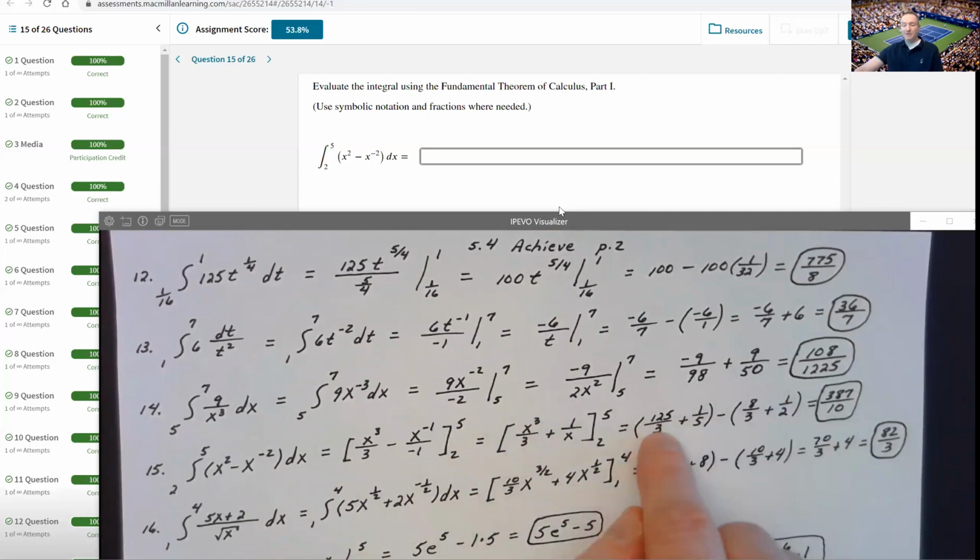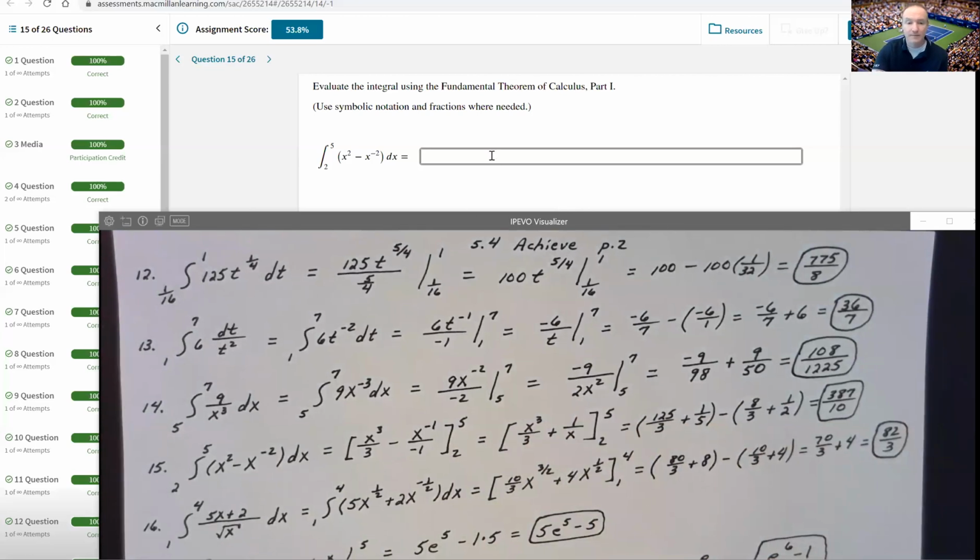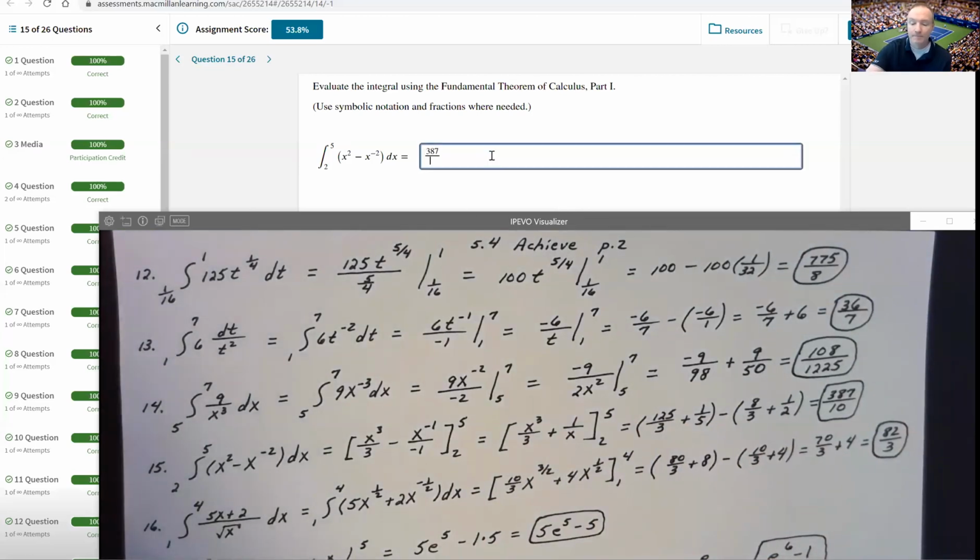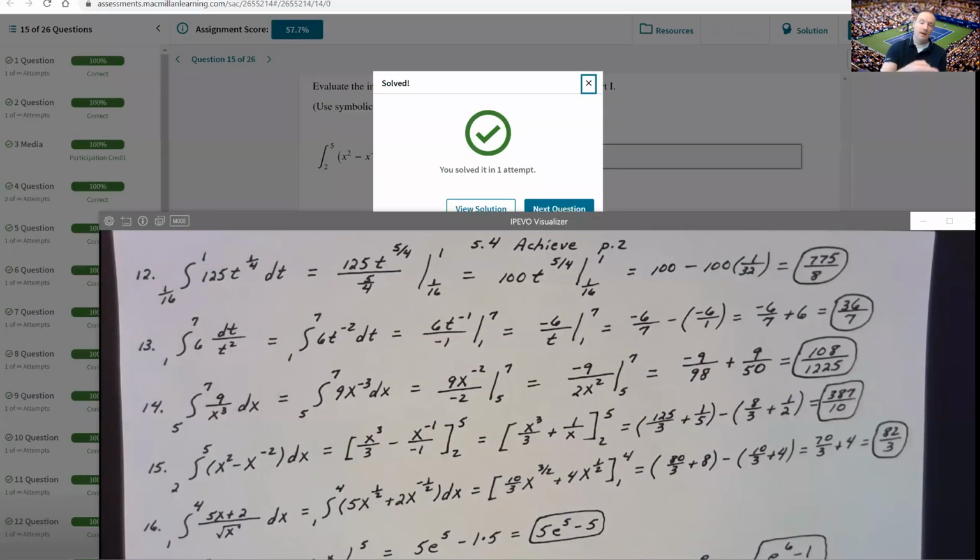When I did this, I just said, well, it's going to be 125 over 3 minus 8 over 3. That's 117 over 3. And then we have plus 1/5 minus 1/2. Gather all that in, get a common denominator, reduce it down, gives us 387 over 10. Let's check that. And yes.